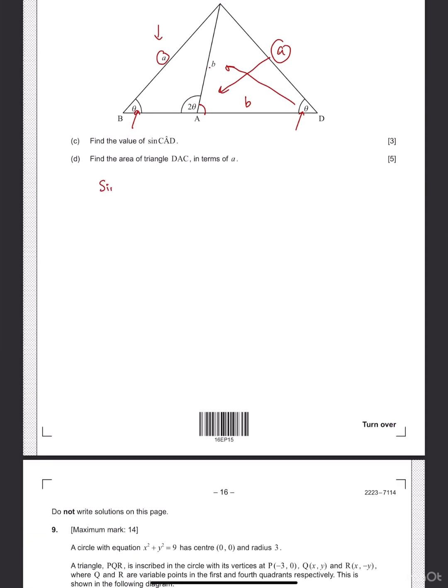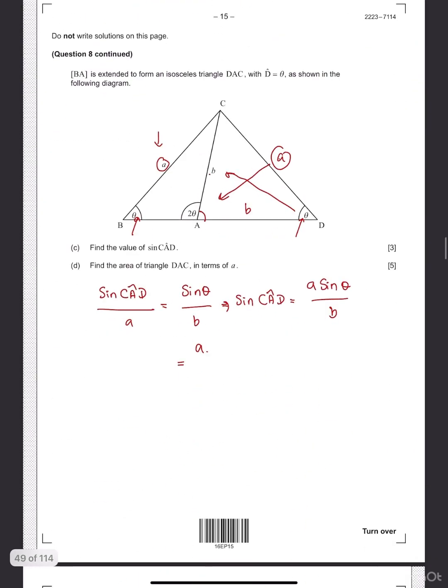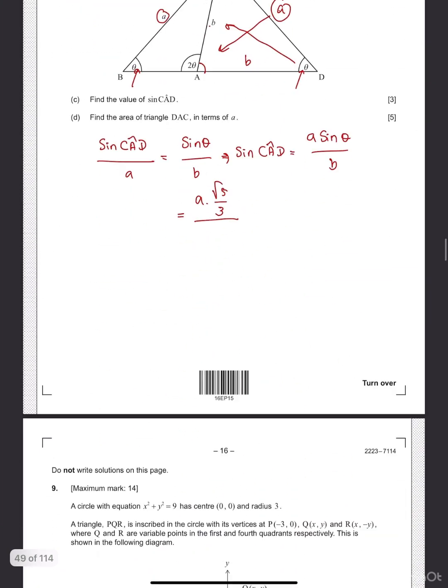So sine CAD over A equals sine theta over B. Then sine CAD equals A sine theta over B. We already know that sine theta equals square root 5 over 3, and B equals 3A over 4.